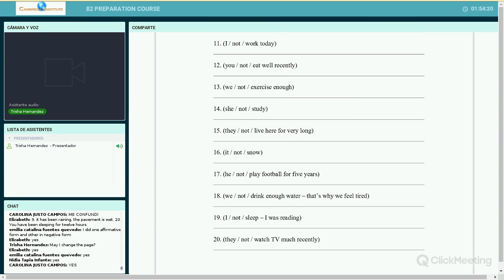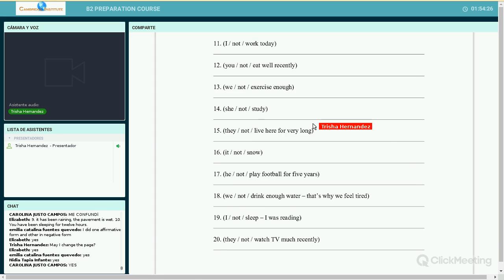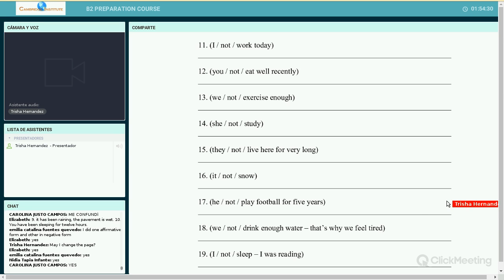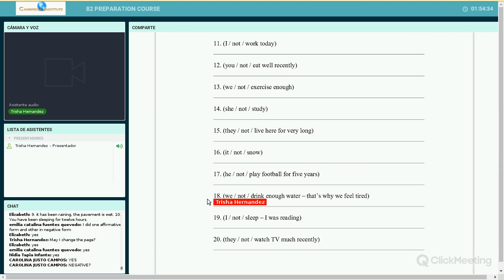In this part, you see that we have the negative form. I'm not going to ask you to do all of them because that will be too much. I'm going to ask you to do only from number 11 to number 15.